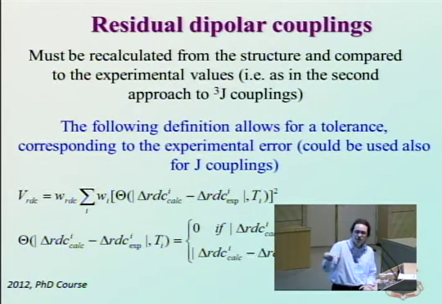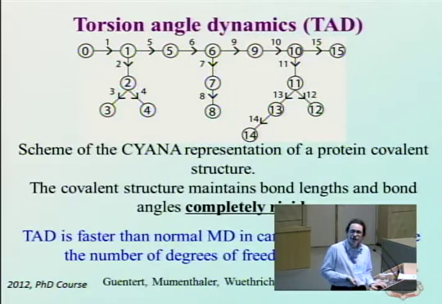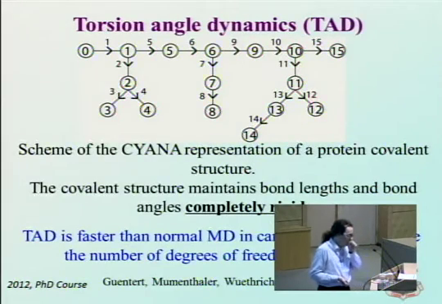Then you get 0 if the difference is smaller than the error, or you get an energetic contribution if the difference between calculated and experimental values is larger than the experimental error. So if you get a contribution to the energy, of course you get a force which will try to bring back the system in order to improve the agreement with the data.